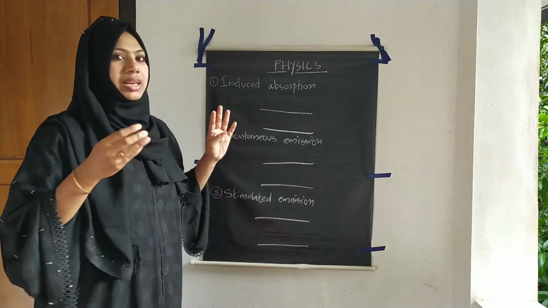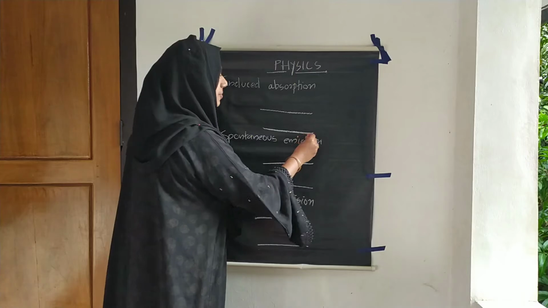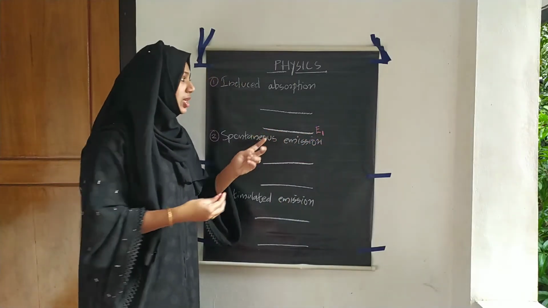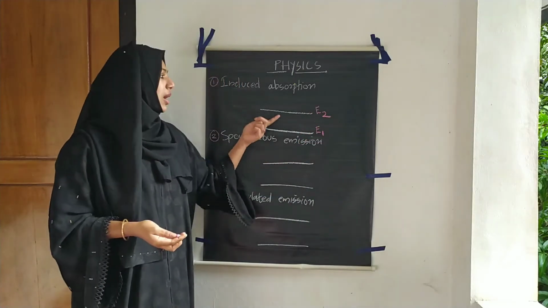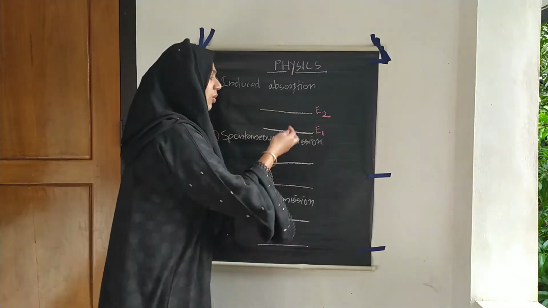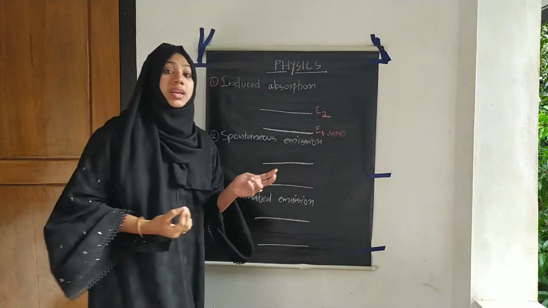Let's imagine that there are two energy levels which are represented by letters. E1 is the first energy level, and E2 is the second, higher energy level than E1. Generally, E1, the first energy level, is known as the ground level.